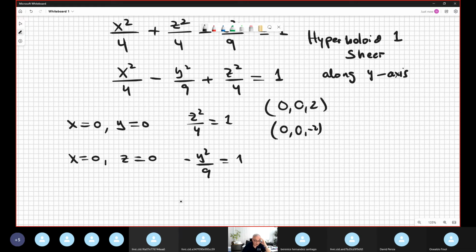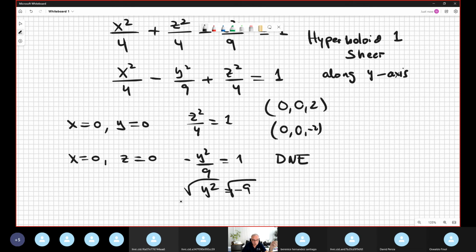When you try to solve this equation, it's obvious that we have no solution, because y squared is equal to negative 9, and when you apply the square root, it's imaginary. This is a classical idea in algebra. When you try to find something that you suppose exists and you get imaginary or complex numbers, it does not exist.